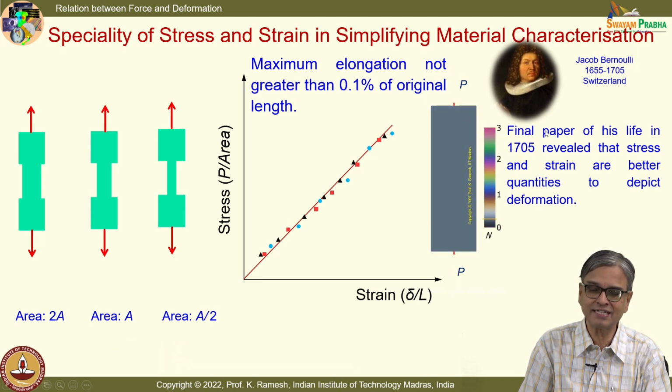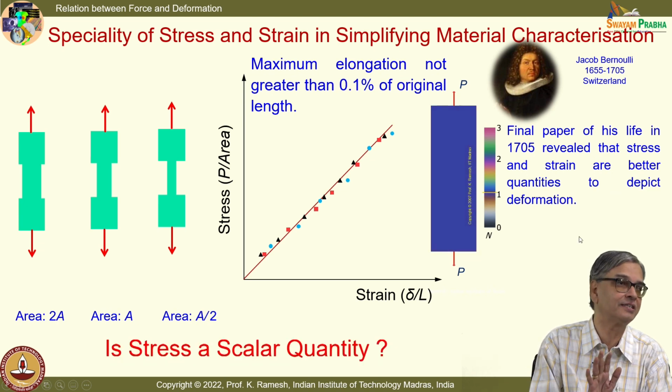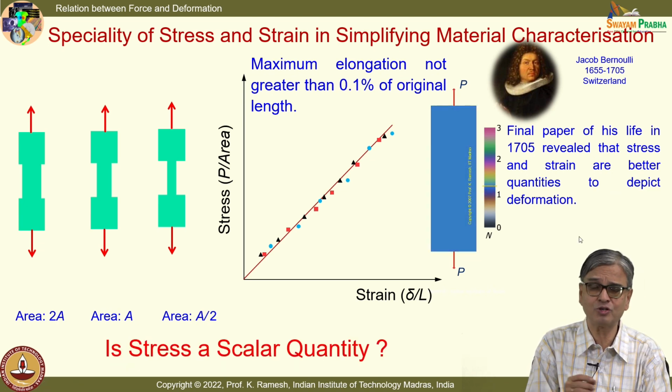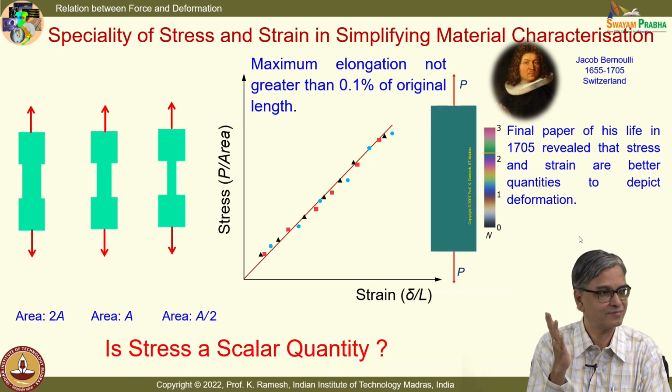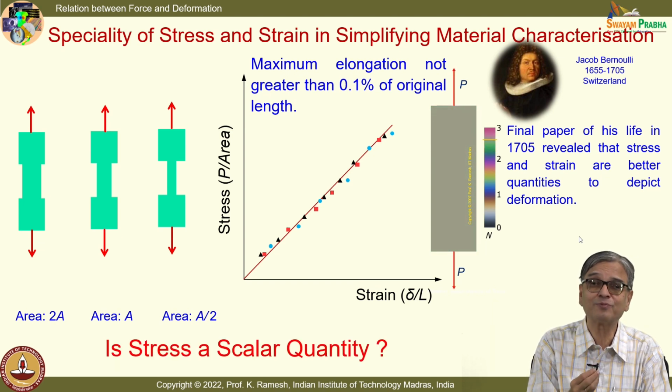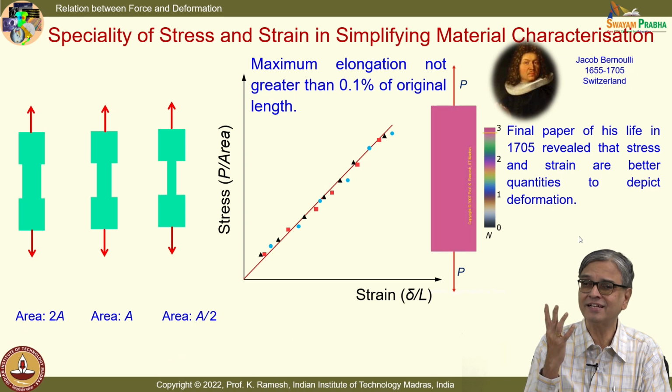So, you should understand that the final paper of his life, in 1705, revealed that stress and strain are better quantities to depict deformation. It is again need based, because when I want to characterize a material, I would like to have the least amount of effort in conducting a test. No matter what cross section, you are able to do just one experiment and get the results out of it.